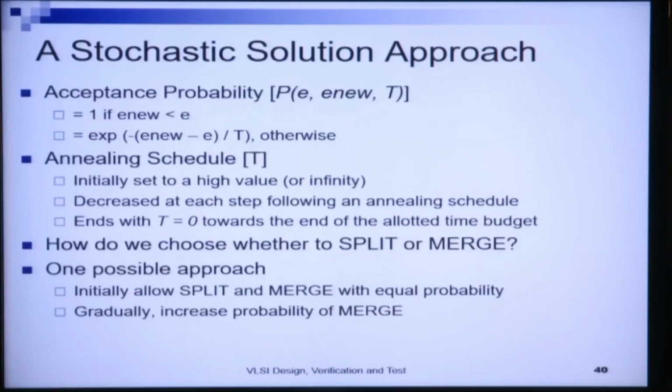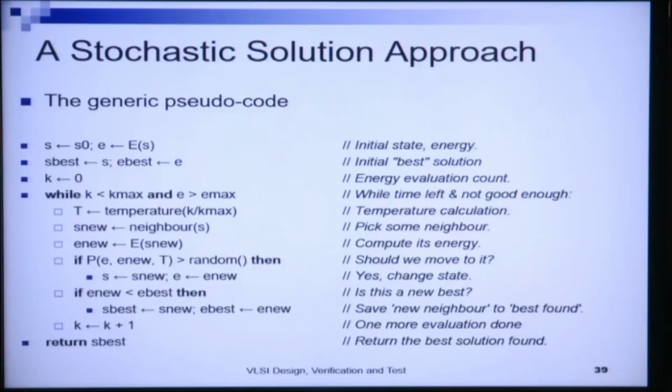So how is this acceptance probability calculated? P(E, E new, T) is equal to 1 if E new is less than E. So I always accept the new solution if it has a lower cost than the current solution. Otherwise I may still accept the new solution, provided this value is higher than the random value here.